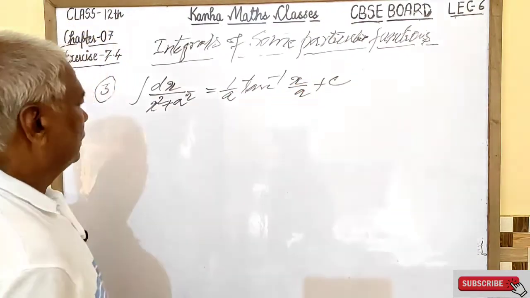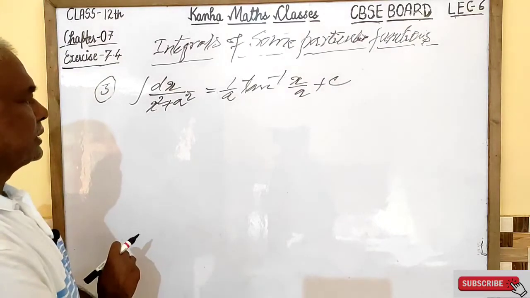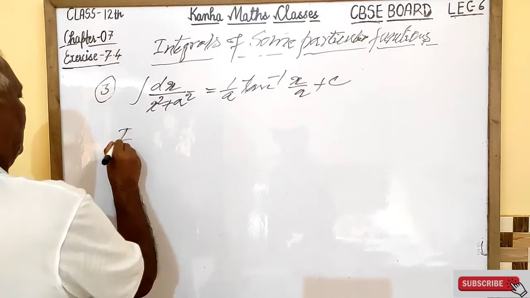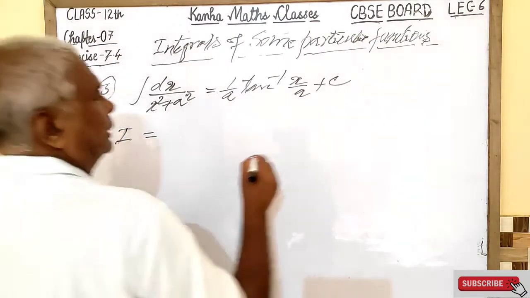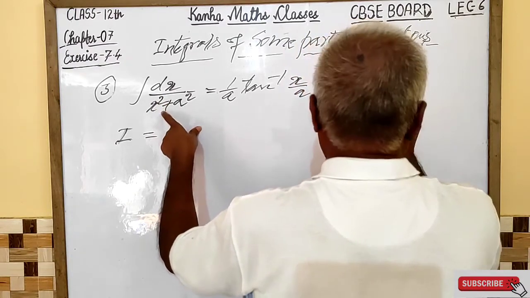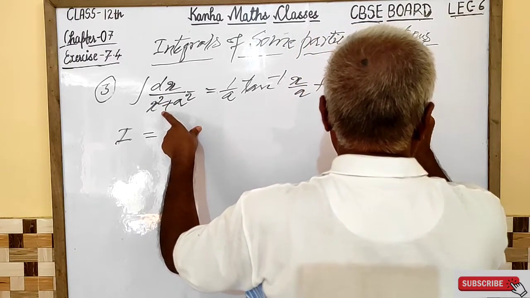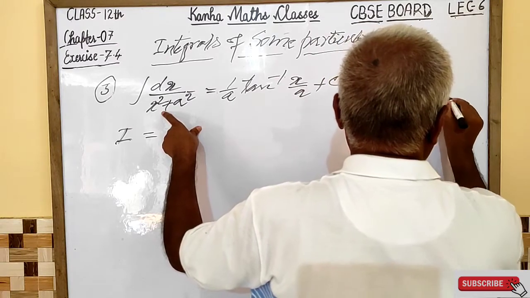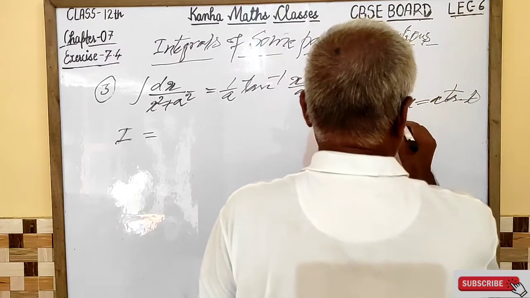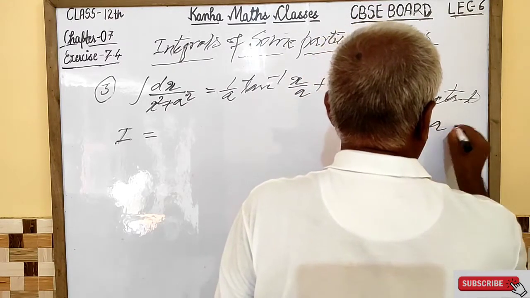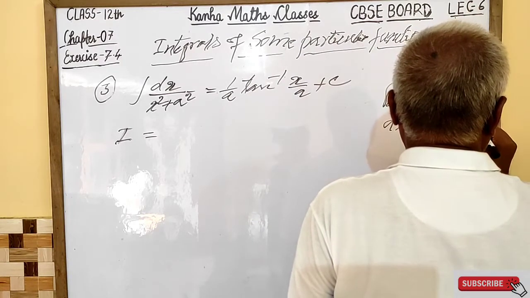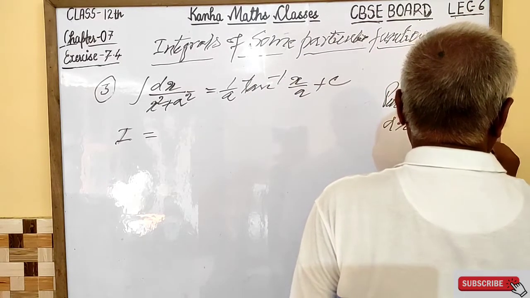Now we will have a simple substitution in this. If you put x is equal to a tan theta, then dx is equal to a derivative of tan theta, which is sec square theta into d theta.